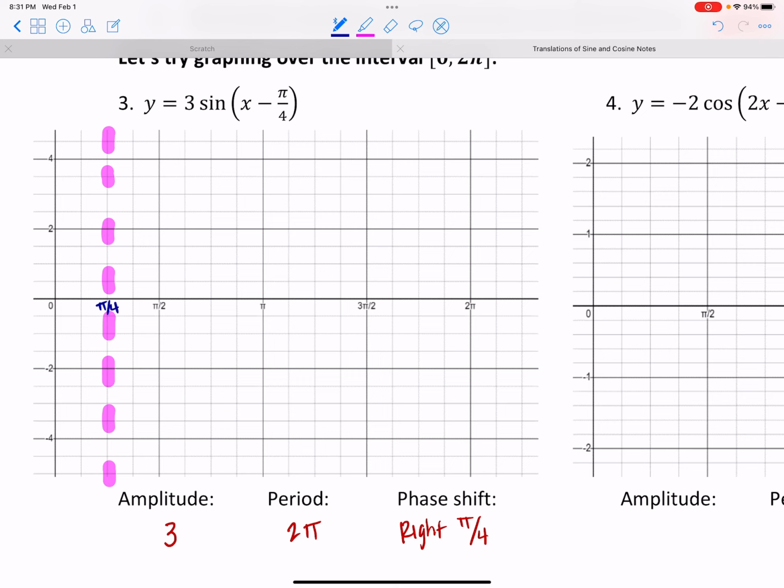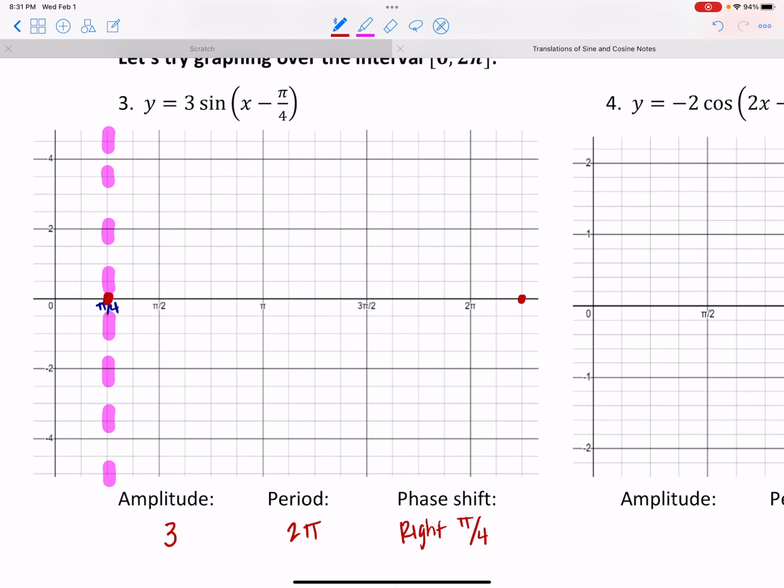Okay, so this is a sine curve. Sine starts at 0. It's just going to, instead of starting at 0, 0, it's going to start at pi over 4, 0. And then it also ends at 0. Now our ending isn't going to be at 2 pi this time. It's going to be pi over 4 units after it. So my ending is going to actually go beyond my 2 pi. And then in the middle I hit 0 again.